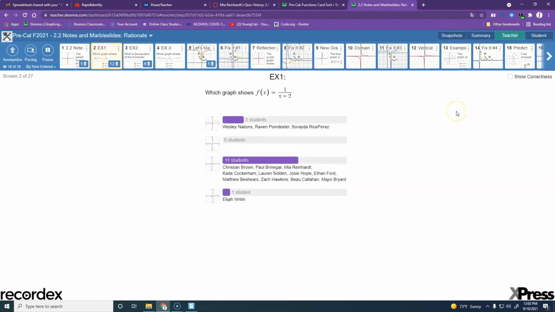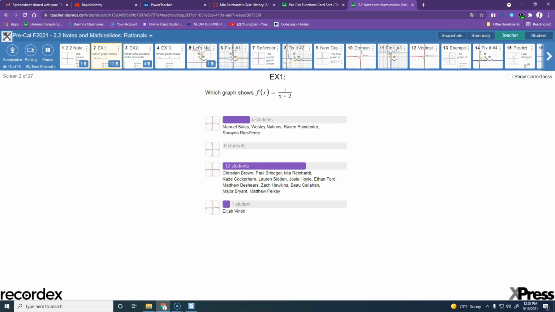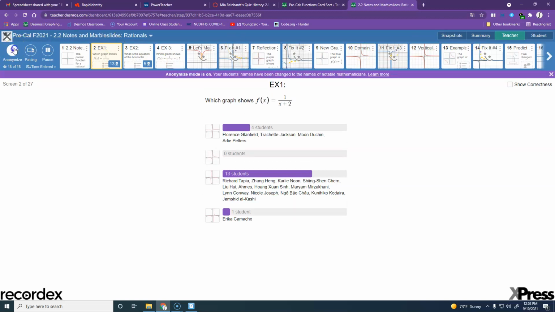So let's see here. Okay. Most of you chose. Let's see. Oh, I meant to do this. I love Desmos classroom, it's so cool. I'm changing your name right now. So up in the corner somewhere on yours, it should now have your name. These are names of famous mathematicians. So now I might call on you.